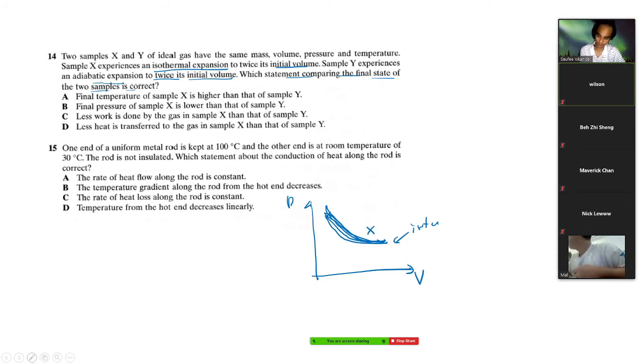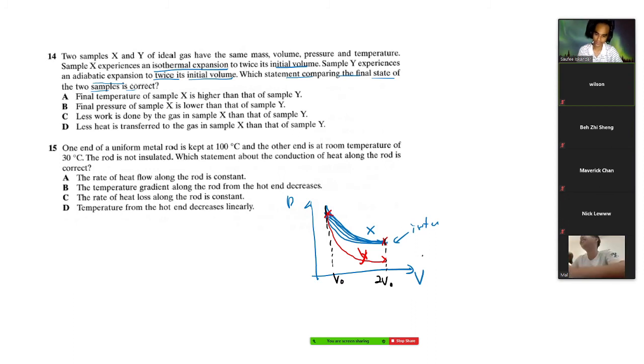For sample Y, because it is adiabatic, it can cross another isothermal curve. So it drops like this. Can you see? This is X and this is Y. I'm also going to write V naught for the initial volume, and this is 2V naught.